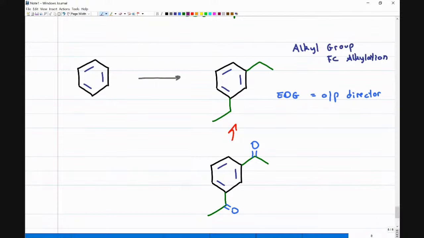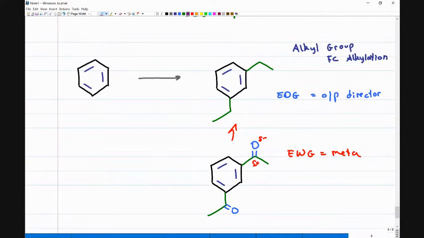The reason why you would want to go from the carbonyl to not carbonyl is because the carbonyl, you remember, has a partially negative oxygen, a partially positive carbon. These are electron withdrawing groups that are meta-directing. And because they're meta to each other, this is something that I can form. This is something that I cannot.